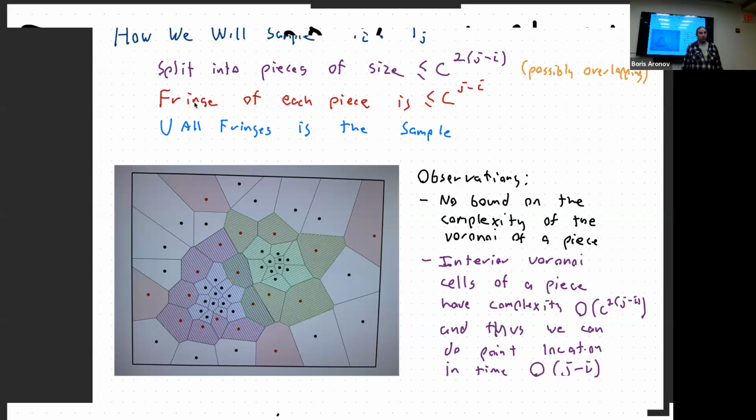Point location on the interior takes order log x, because it's x squared things, and log of x squared is log x. That's it. I can't do point location on the fringe pieces because I don't know their complexity, but I can do point location on the interiors.